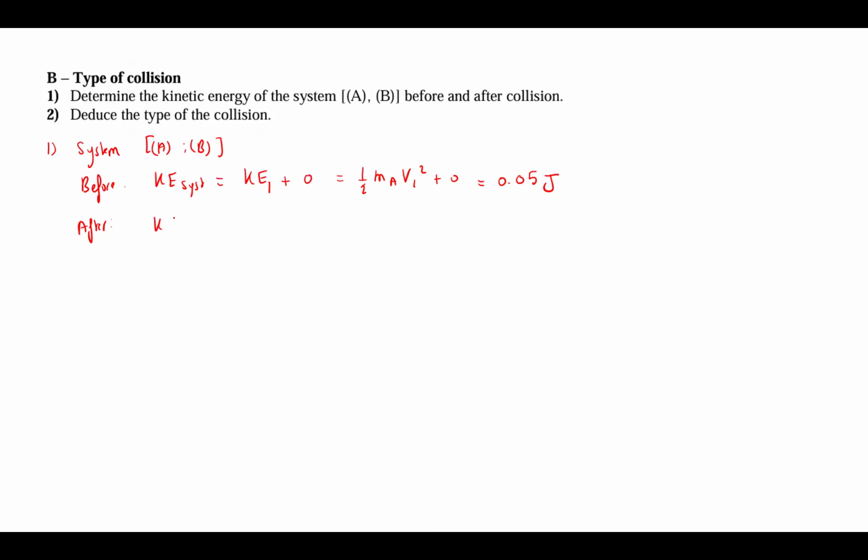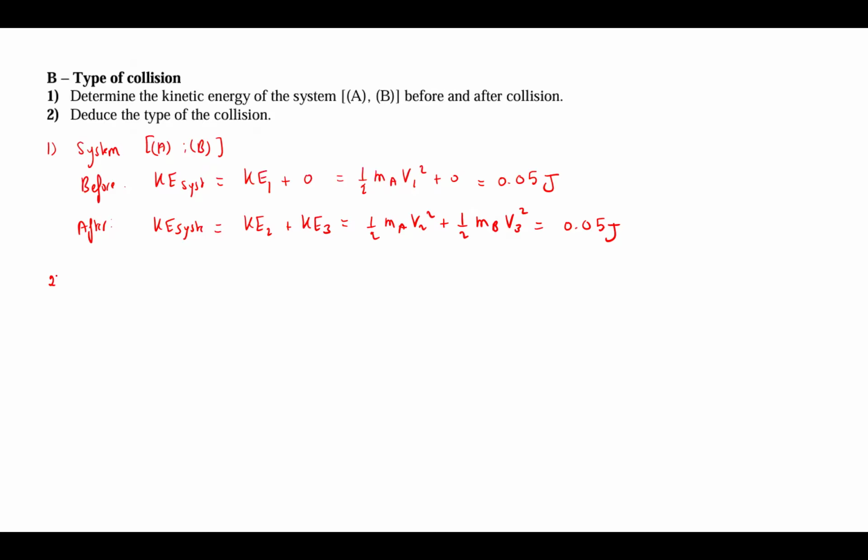After, KE of the system equals KE of A plus KE of B. A we named 2, and B we named 3. So it equals half MA V2 square plus half MB V3 square, which gives 0.05 joules.